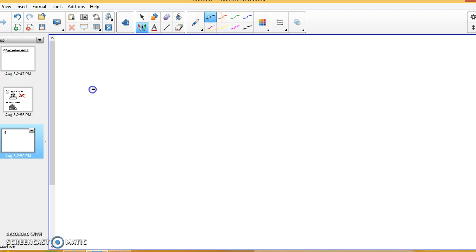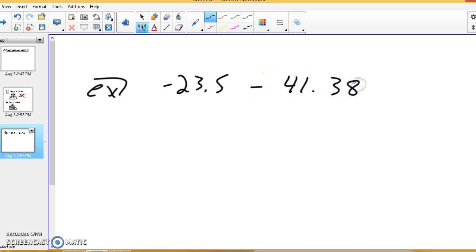So let's say, for example, we have negative 23.5 subtract 41.38. Notice how we have a negative number and we're subtracting a positive number.